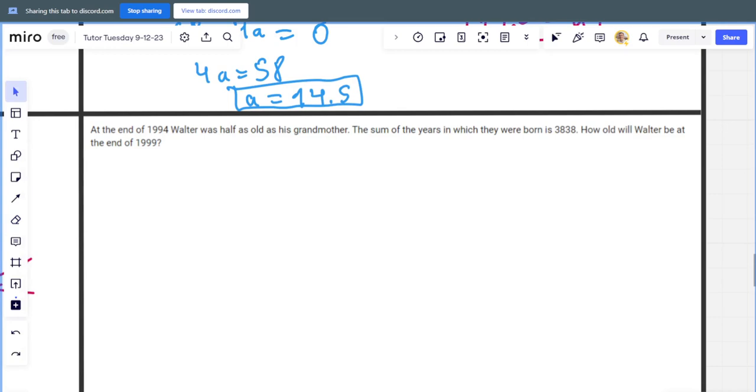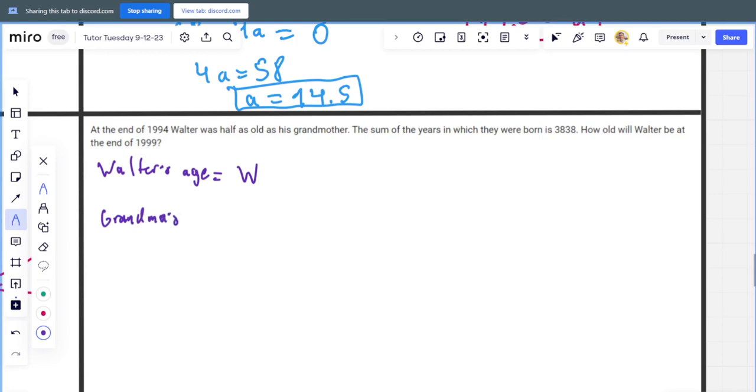Assign variables. Yeah, let's do maybe Walter's age is... I like to use variables that are named after the people. So Walter's age is W, and grandma's age could be G. And I think it would be that Walter's age is 0.5 of grandma's age.